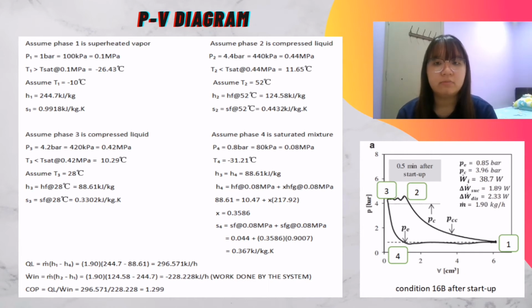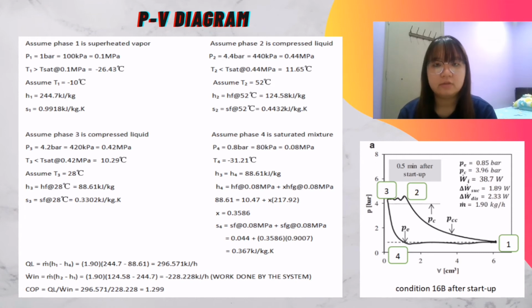Assume T1 equal negative 10 degrees Celsius, then I will get H1 and S1. Assume phase 2 is compressed liquid, P2 equal 4.4 bar equal 0.44 megapascal. T2 is smaller than the saturated temperature at 0.44 megapascal, which is 11.65 degrees Celsius, so I assume T2 equal 52 degrees Celsius. So I will get H2 and S2. The step calculation is repeated the same as phase 2 for phase 3, because phase 3 is also compressed liquid, to find H3 and S3.